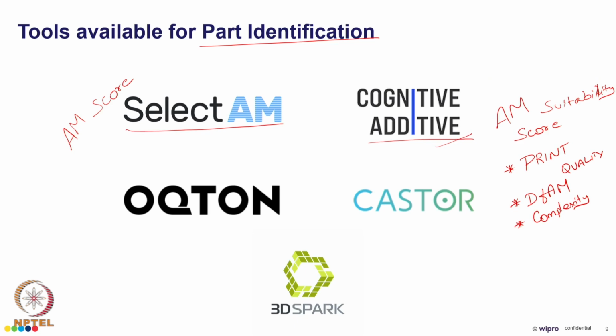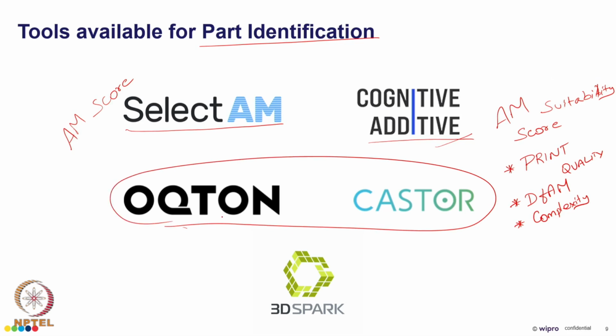Now, coming to the third and fourth players here, which are Octane and Castor. Castor is already working on feasibility assessment, and has recently joined hands with Octane to make Octane's presence in the complete ecosystem of AM.